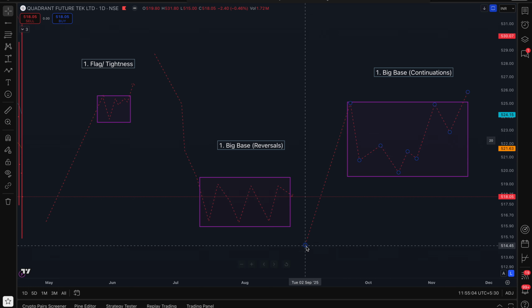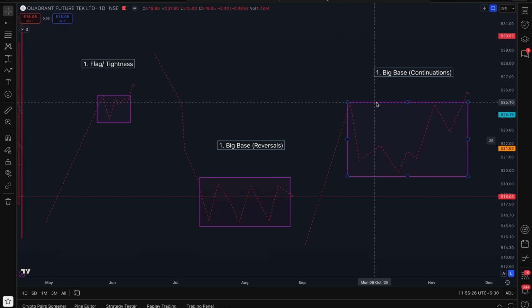continuations. So that would be a prior uptrend, and then the downtrend is not in line with the market, which means they did not fall much, or even after they fell they came back, and now they are challenging the previous pivot high before the base had started, which is the start of the base.